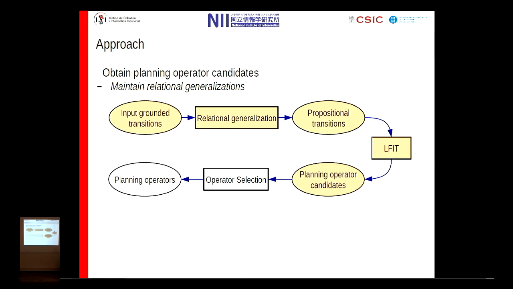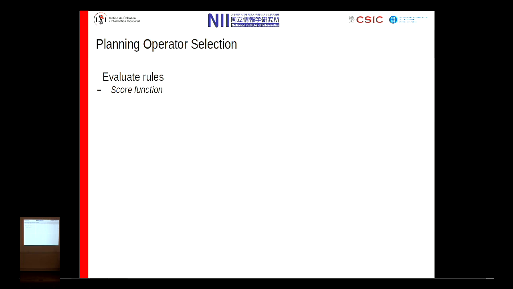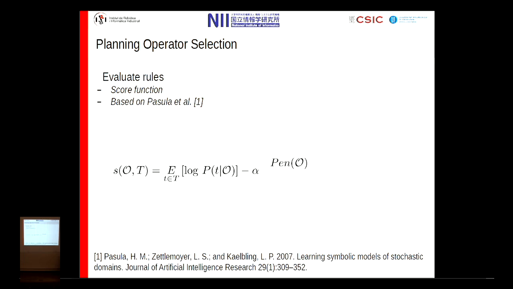So now we have our planning operator candidates, and the most important part is how to select the best subset of these candidates. So as we saw, for the same effect, we may have different planning operators that model this effect, and we want to select which is the best one for our task. And to evaluate them, we use a score function that takes as input a set of planning operators and the input transitions.